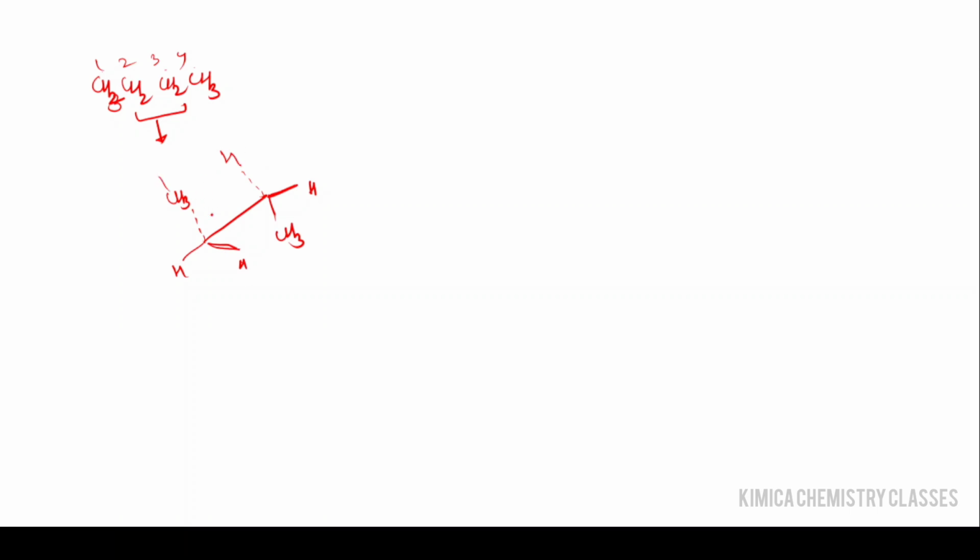So this is 1 2 3 and 4. Second and third carbon can rotate freely in either direction, clockwise or anti-clockwise. So this is the staggered conformation of butane.